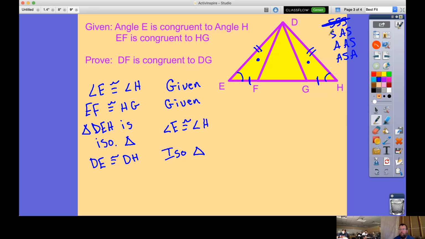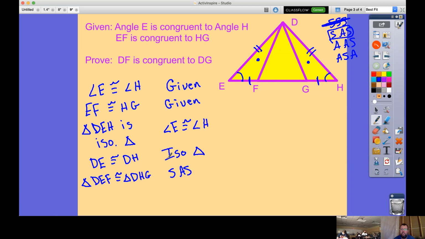Now, can we go through and prove one of these three for those two outside triangles? Side angle side. This is going to be a side angle side. So we can say triangle DEF is congruent to triangle DHG based on side angle side.